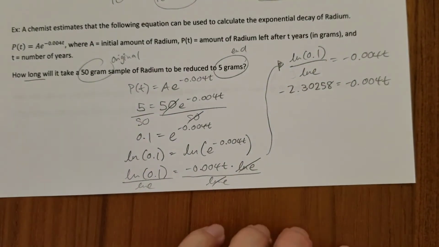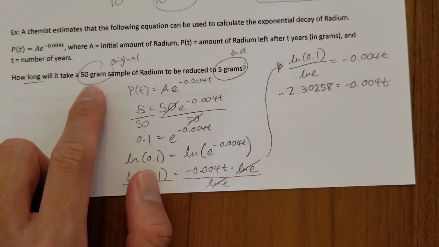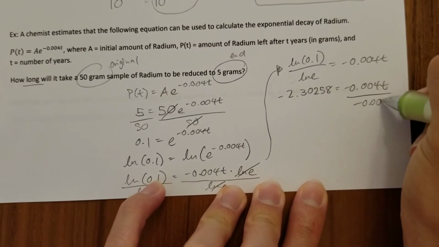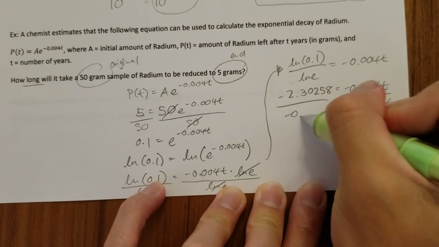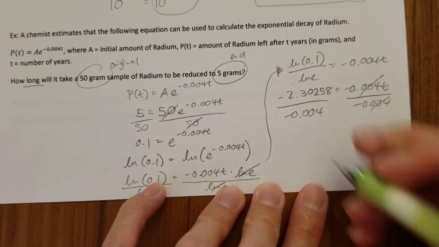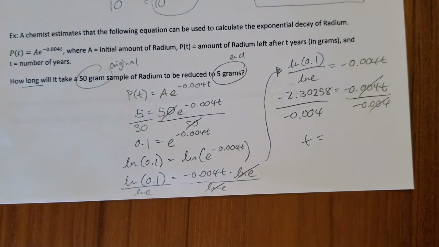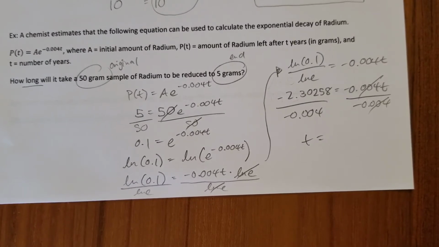Okay. Next, in order to solve for how long it takes the 50 gram sample to be reduced to 5 grams, we need to divide both sides by negative 0.004. This cancels out, and t is going to be equal to 2.3028 divided by negative 0.004.